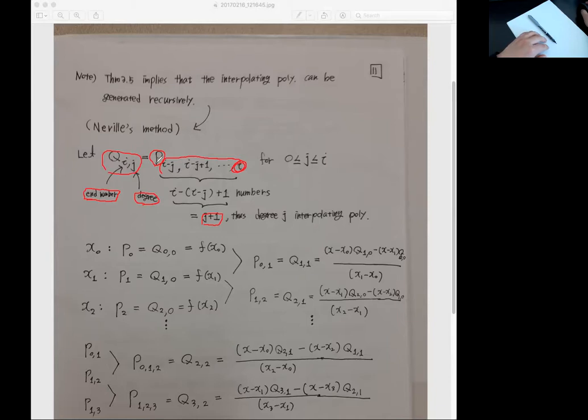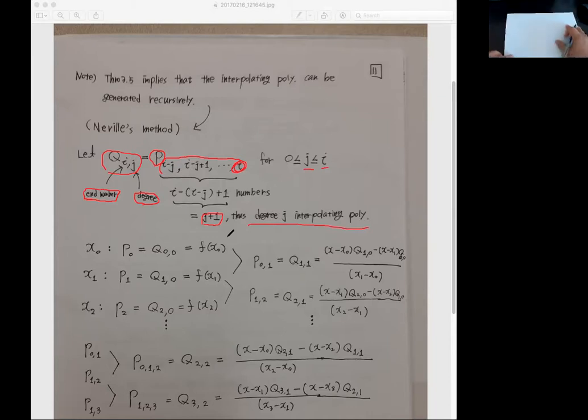The Lagrange polynomial P agrees with f at j plus 1 nodes, so the degree of P must be j. Keep in mind that j must be less than or equal to i. Okay, so that's the example.